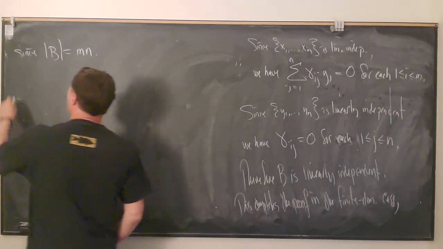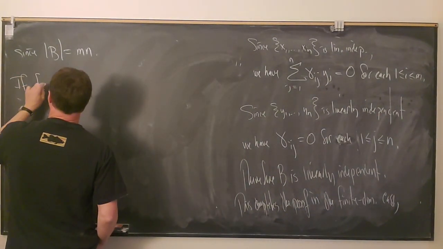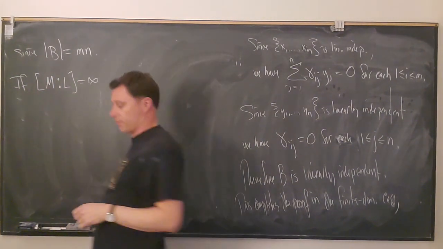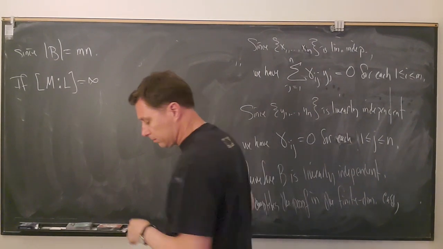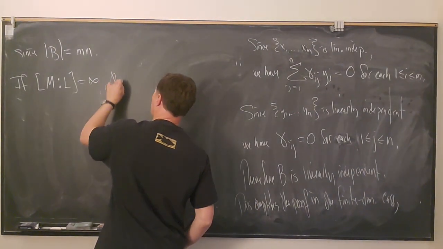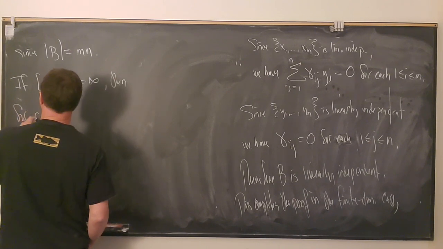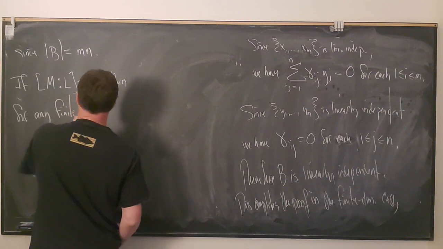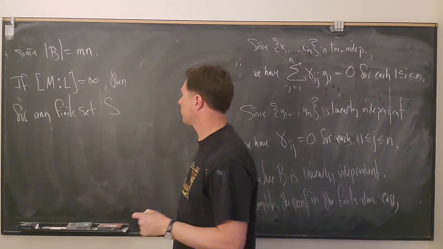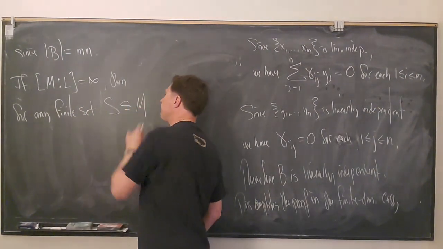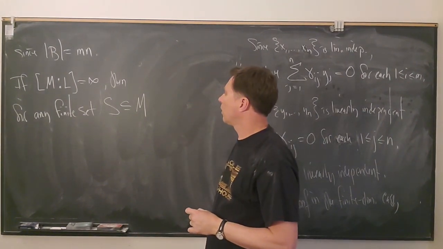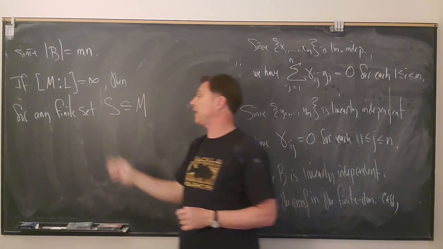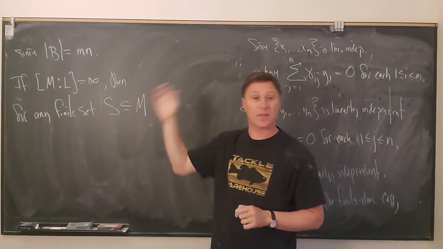Okay, so now if the degree of M over L is infinite, then for any finite set S of M, because this has infinite dimension, there is no finite spanning set, so there will always be somebody outside the span.